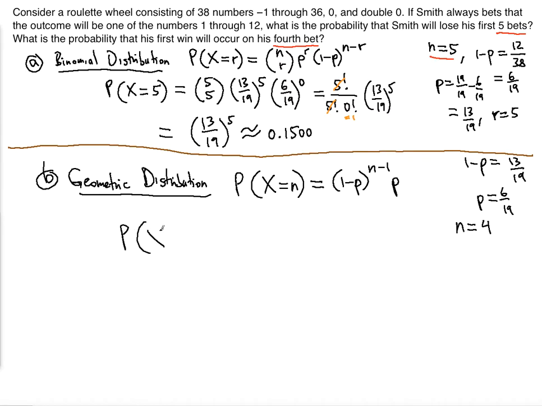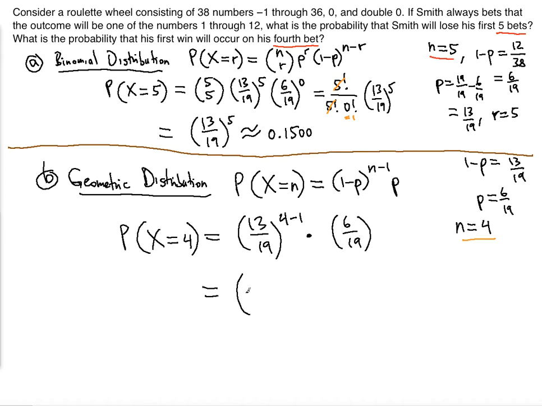So the probability of x being equal to 4, the random variable being equal to 4, is equal to 1 minus p, which is 13/19, raised to the n minus 1 power. N is equal to 4, right? So we have 4 minus 1, multiplied by the probability of winning any given trial, which is 6/19, right?